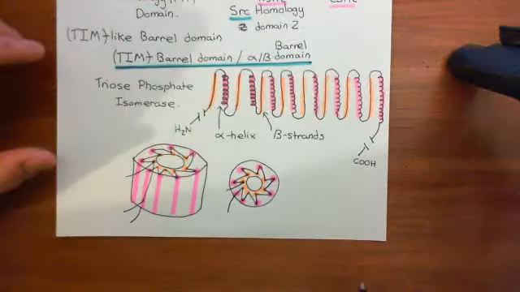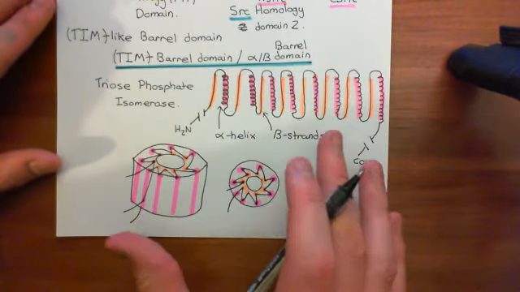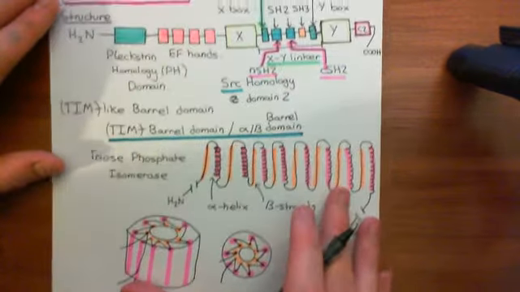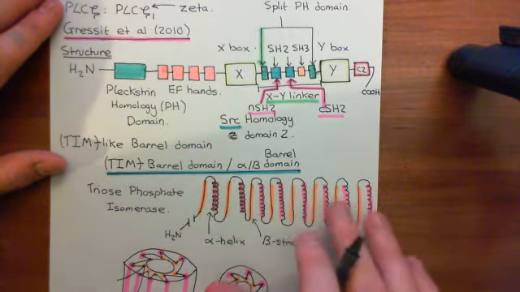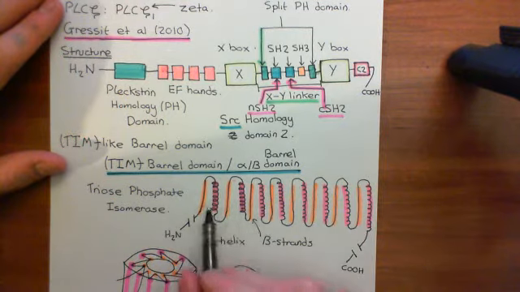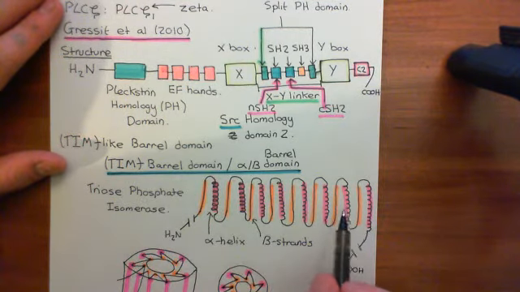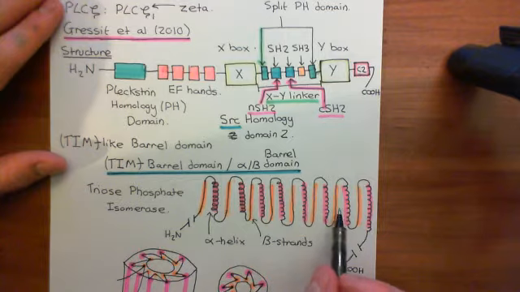Okay, right. So, all of our phospholipase C gamma enzymes are going to contain a structure that's almost like this. It isn't quite as long as this. Generally, you don't quite have 8 repeats of beta strands and alpha helices.